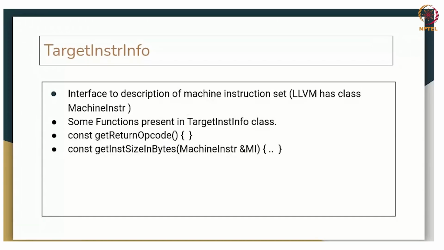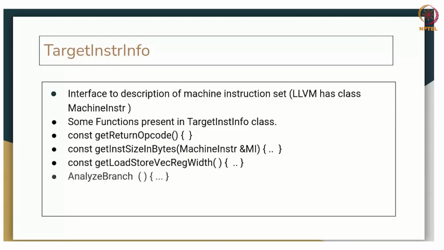It takes an argument like a MachineInstr, a machine instruction class provided in LLVM. Then get load store with base width. So many API functions are available in TargetInstrInfo, which need to be filled with the code for that specific target.